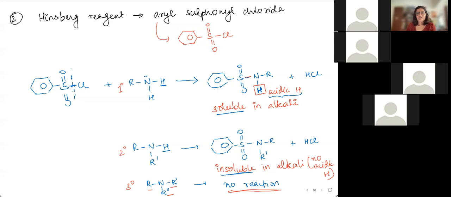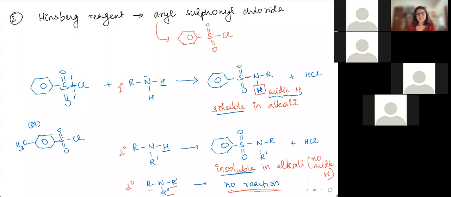Fun fact, we say aryl sulfonyl chloride, not this specifically, because in place of this you can also use a methyl substituted compound. Everything else remains the same, just either this reactant or this reactant.